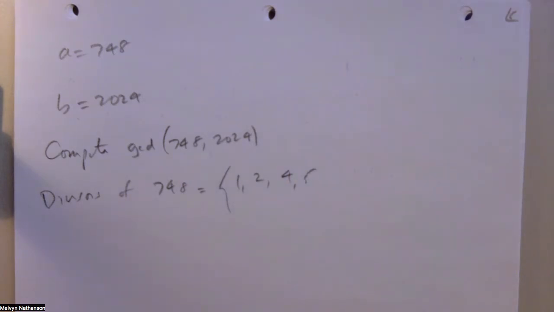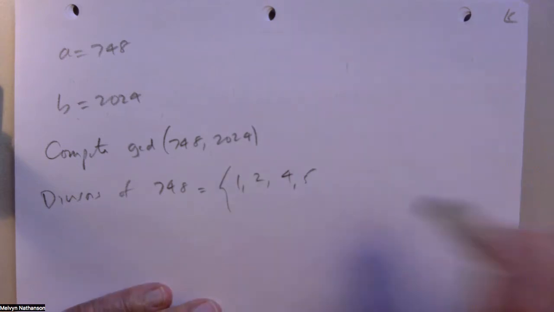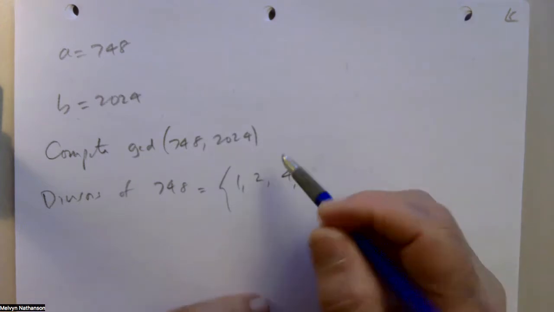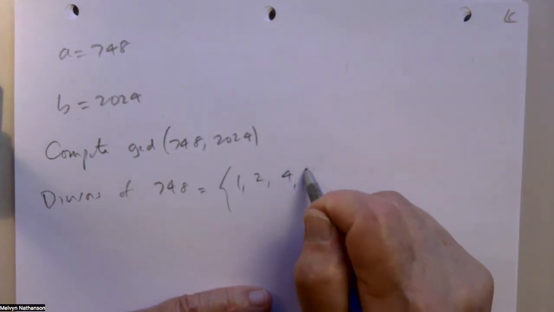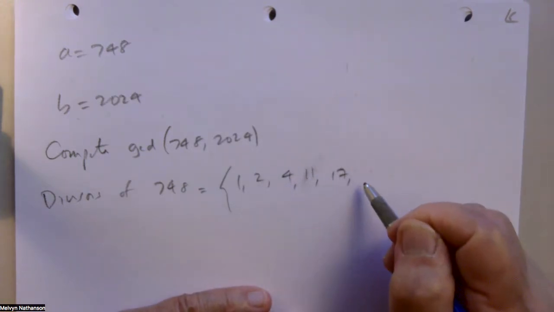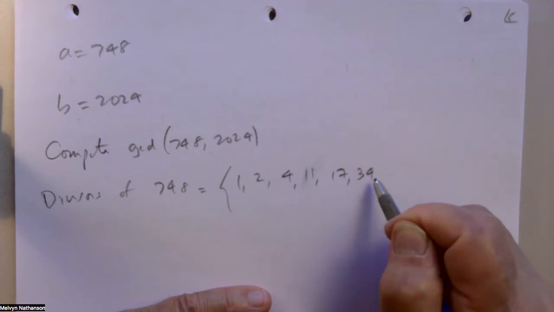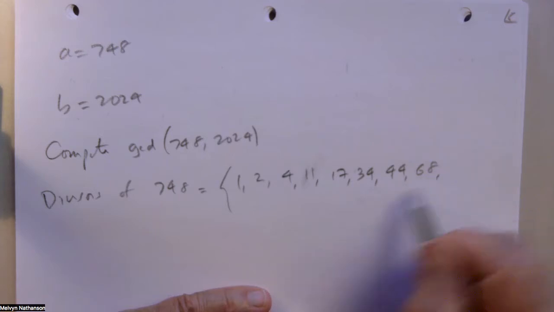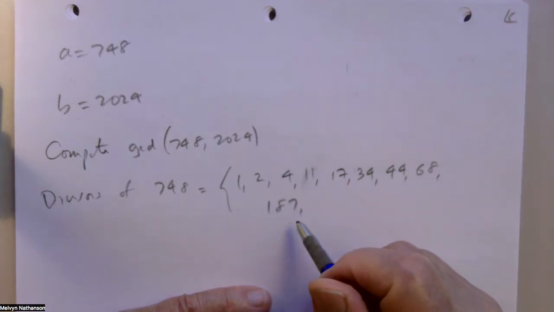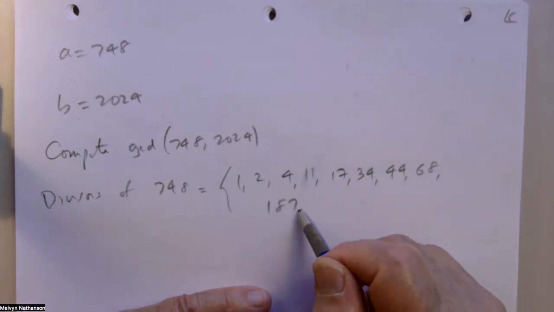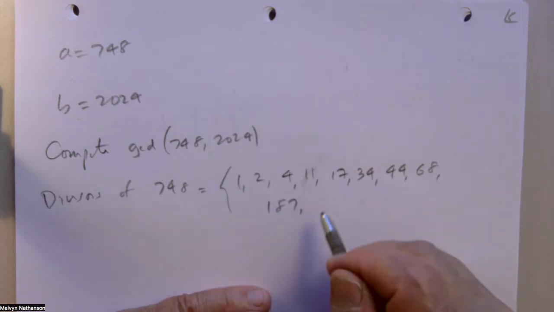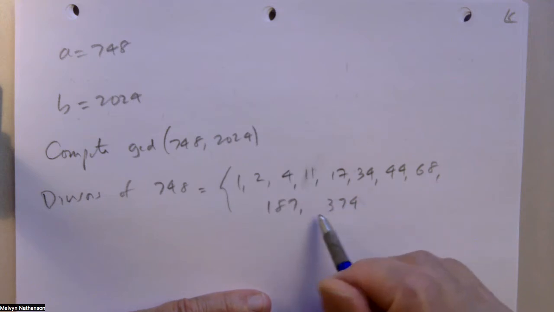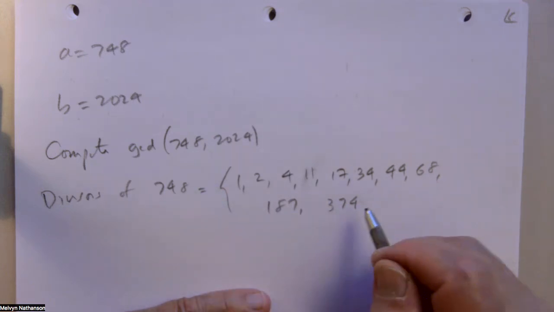And if you just keep checking one by one, all the numbers up to 748, you'll see that 11 does, 17 does, 34, 44, 68, 187. 4 times 187 is 748. 374, 2 times 374 is 748.